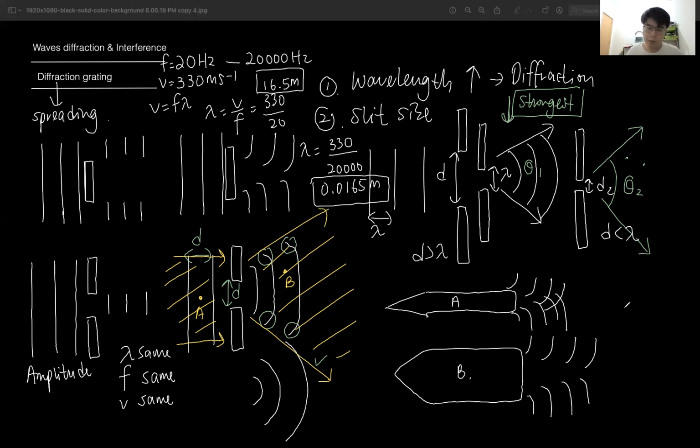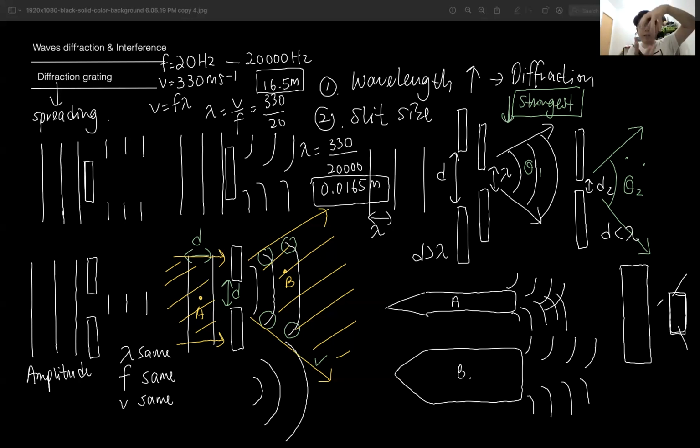Because they use tall speakers so that they minimize the vertical diffraction. If they use a short speaker, the vertical diffraction is more, because the opening is very, very small. That means if the diffraction is more, then the sound wave travels to the ceiling and gets reflected off the ceiling, and you hear many echoes in the concert.